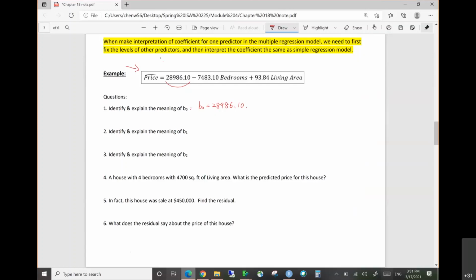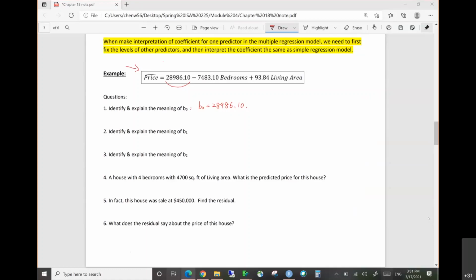Any volunteer? Anyone want to try? Is that the price of the house when the other variables, bedroom and living area, are zero? Perfect. Good job, right?